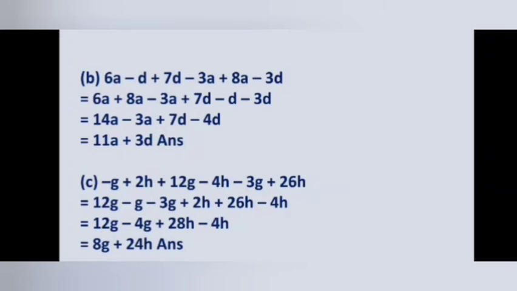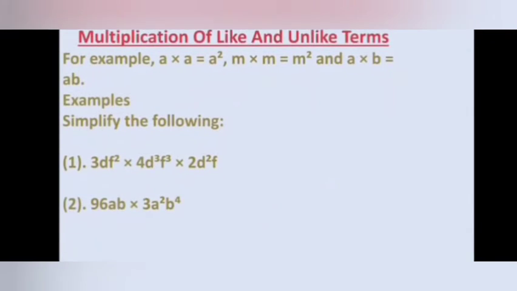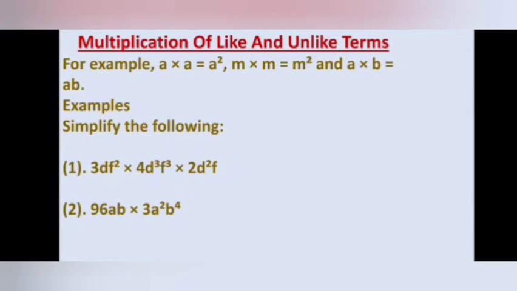Right, we're gonna take aspects, which is a multiplication of like and unlike terms. Let us see multiplication of like and unlike terms.